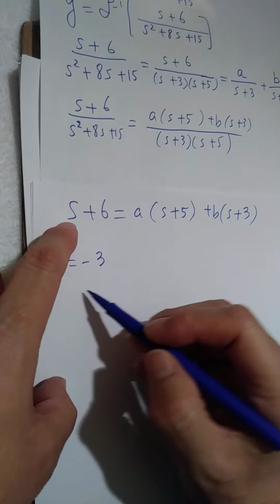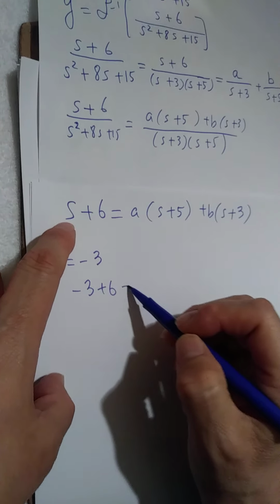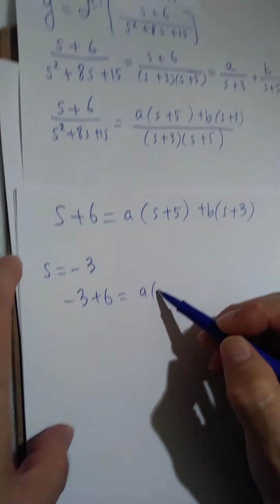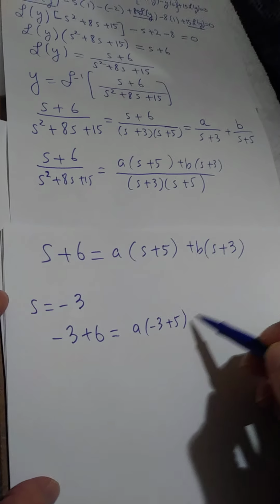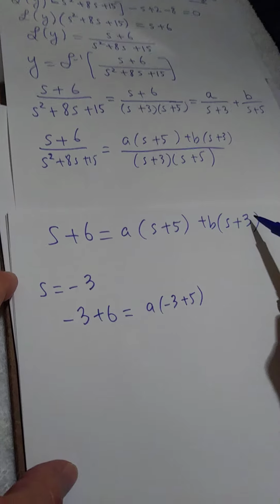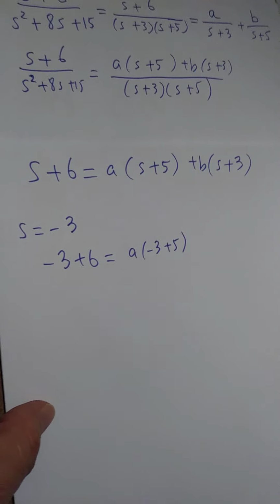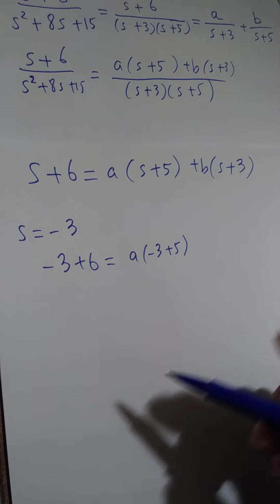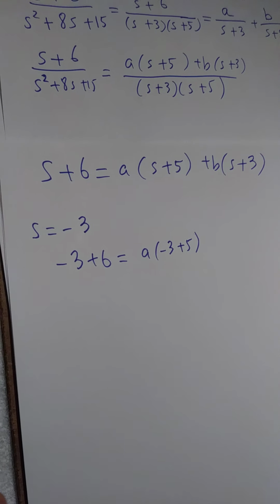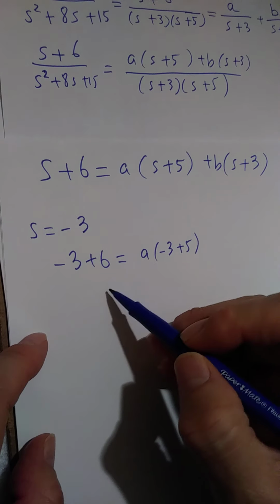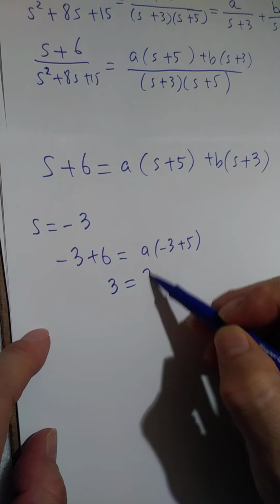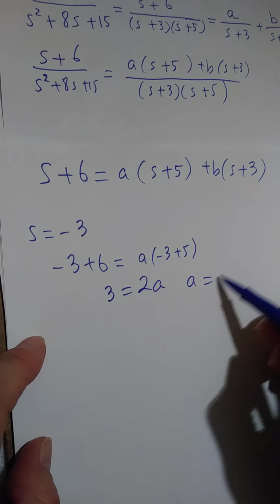So minus 3 plus 6 equals a times minus 3 plus 5. And the reason why I took minus 3 is because minus 3 plus 3 is 0. So that gets rid of the second term. Then I'm going to take s equals minus 5 in a minute. So this is 3 equals 2a. Therefore, a equals 3 halves.